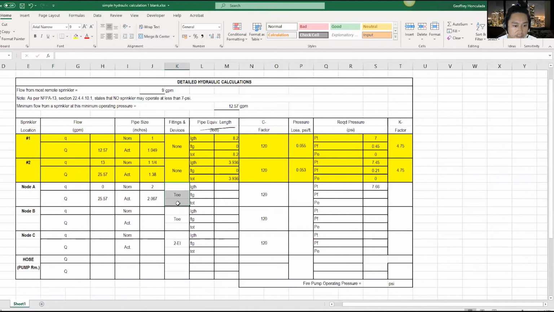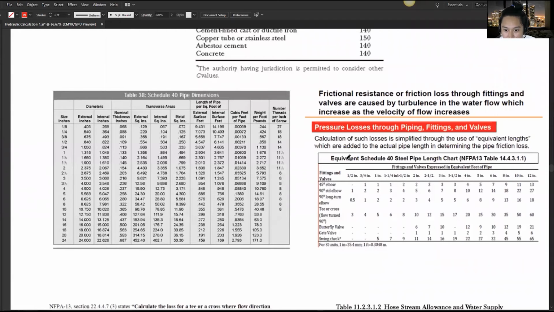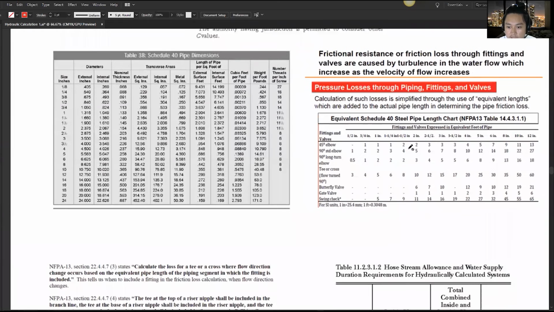Okay, there's a T for the fitting and devices here. We need to figure out the pipe equivalent length for this T. Now, if we go back to our table, we've got this part here, a T or cross for a 2 inch. This one is 10. This is the equivalent schedule 40 steel pipe length per NFPA 13.